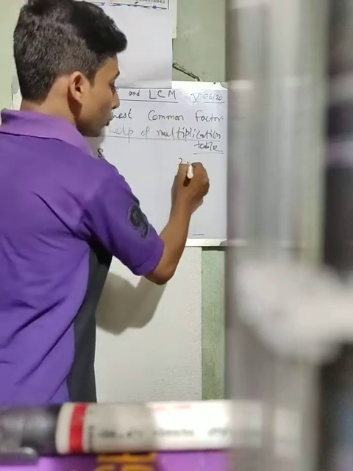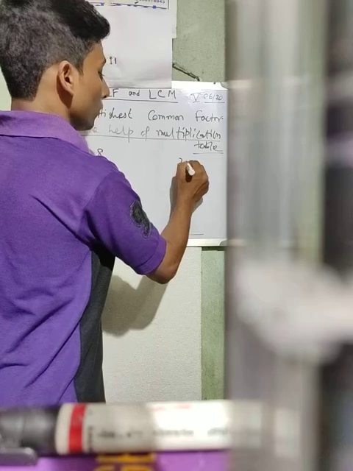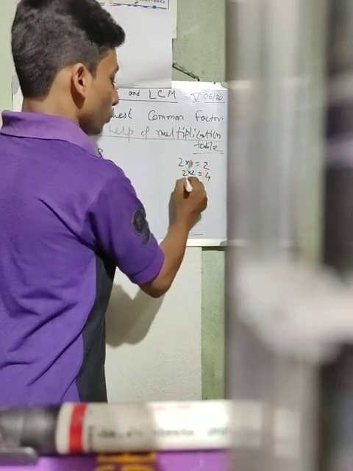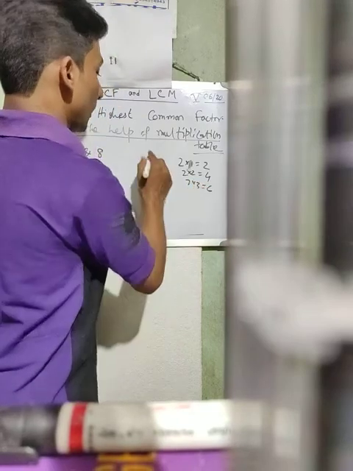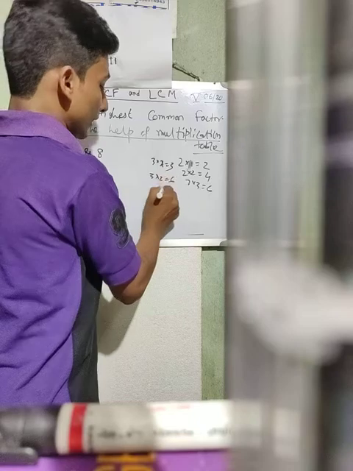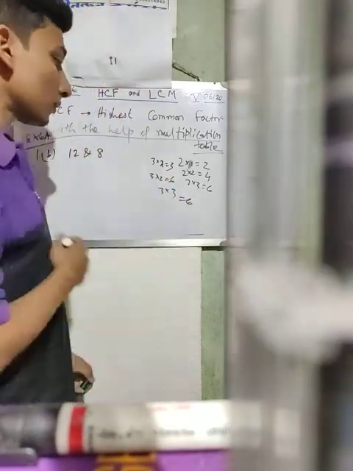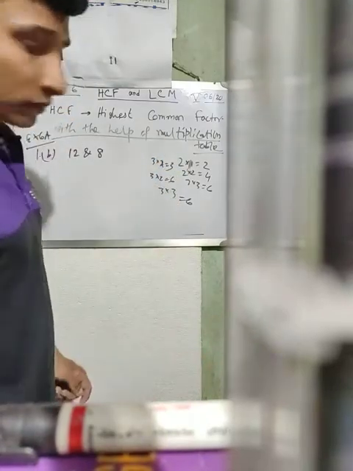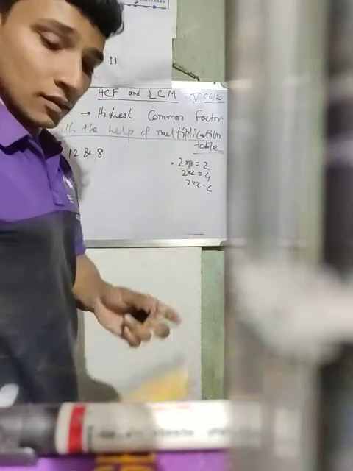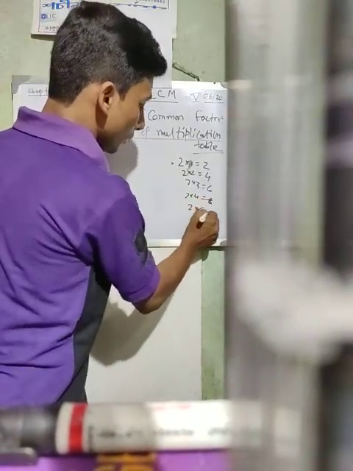Suppose the multiplication table of 2: 2 1s are 2, 2 2s are 4, 2 3s are 6. Similarly for the multiplication table of 3: 3 1s are 3, 3 2s are 6, 3 3s are 9. 2 into 4 is equal to 8. 2 into 5 is equal to 10.